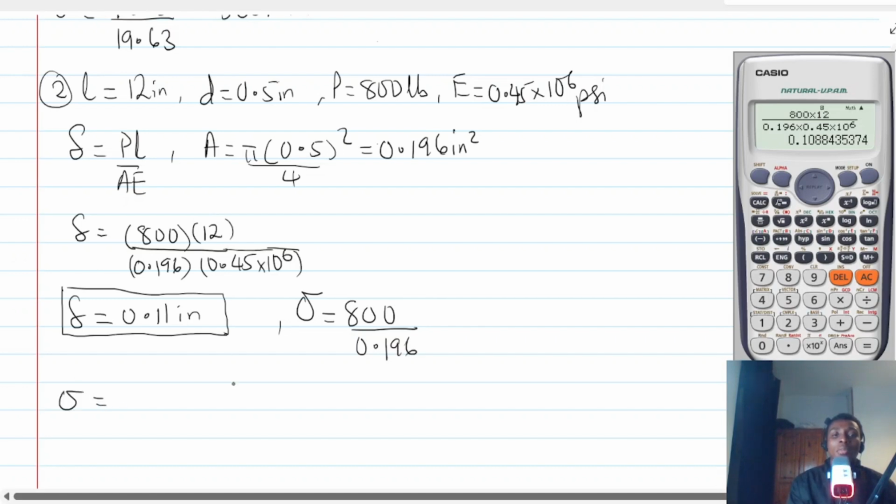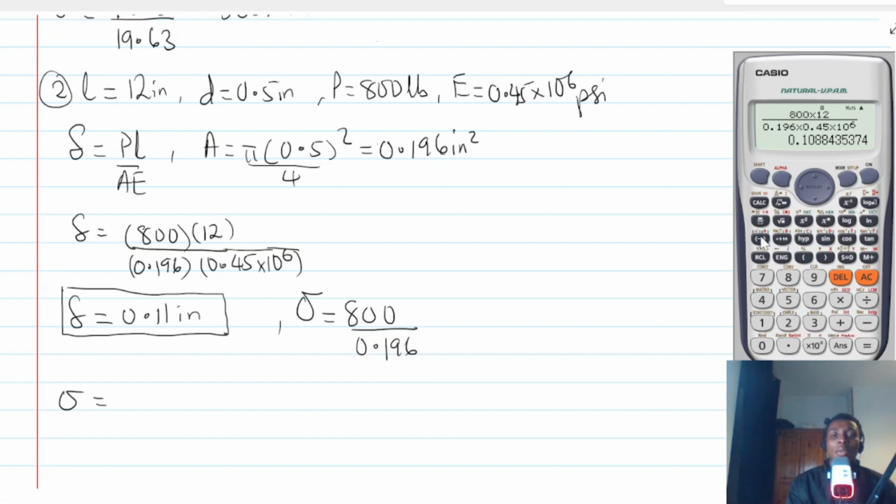So it's going to be 800 divided by 0.196. So it's going to be 4081.63.